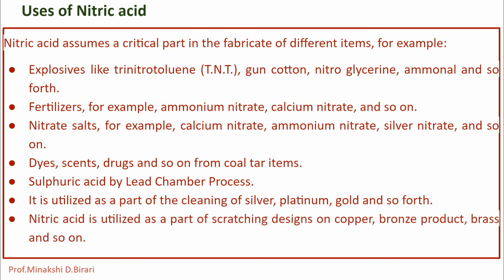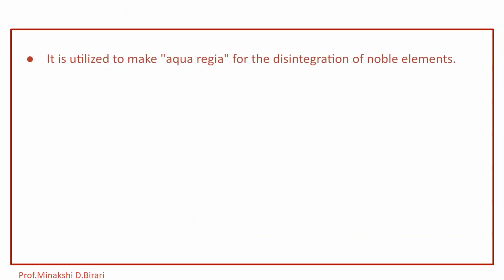Nitric acid is used in etching designs on copper, bronzeware, brass and so on. It is used as a laboratory reagent. It is used to make aqua regia for the dissolution of noble elements. So it is used to prepare aqua regia to dissolve the noble elements.